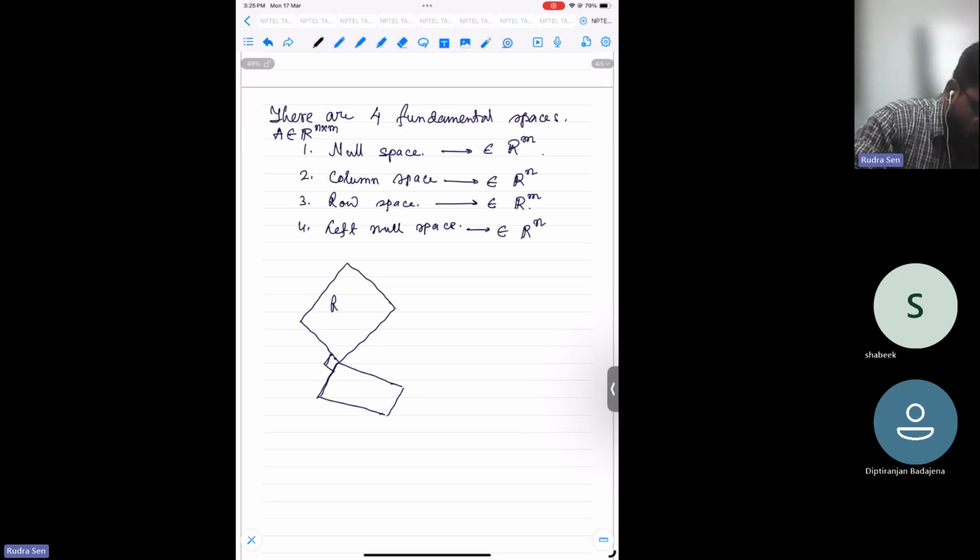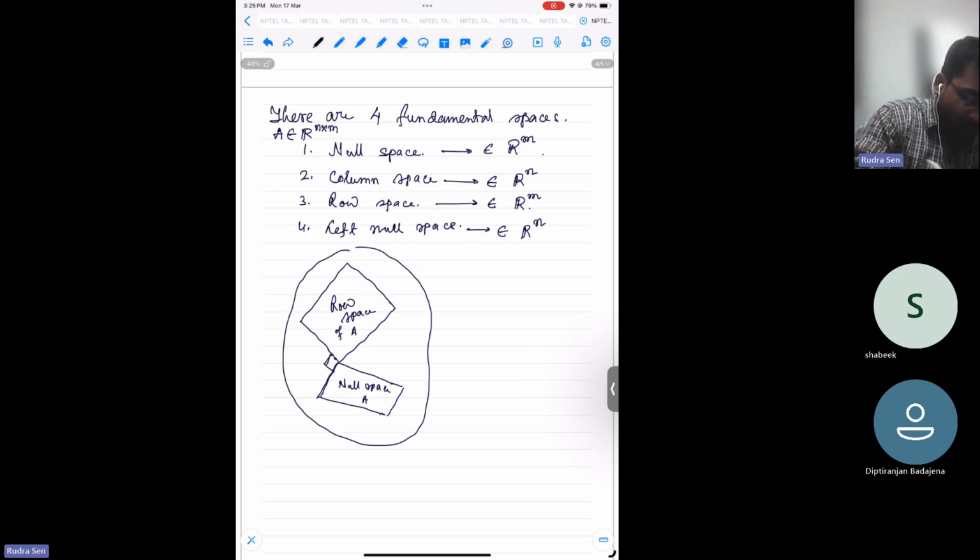If it's, let's say, the row space of A, and this is the null space of A. So this whole thing is basically Rm. So inside this Rm, this portion is the row space and this portion is the null space. So every row space is perpendicular to the null space.